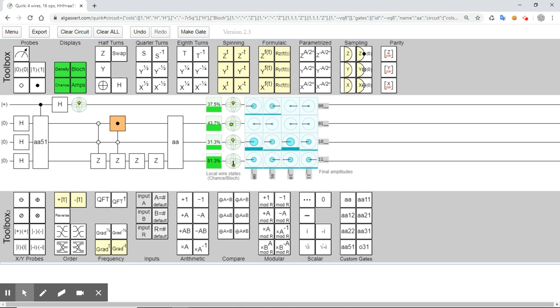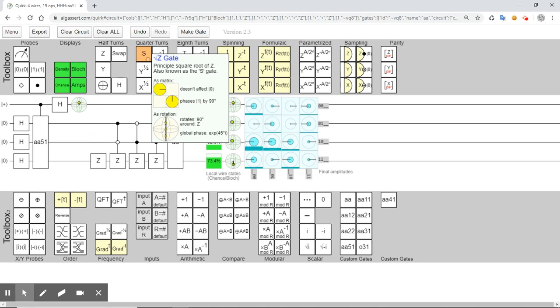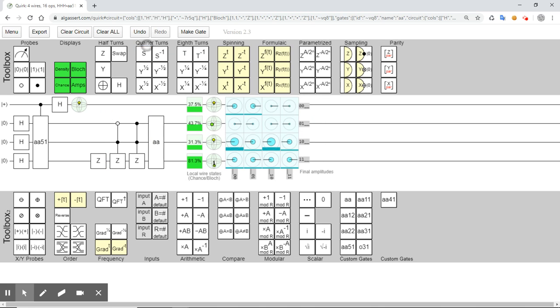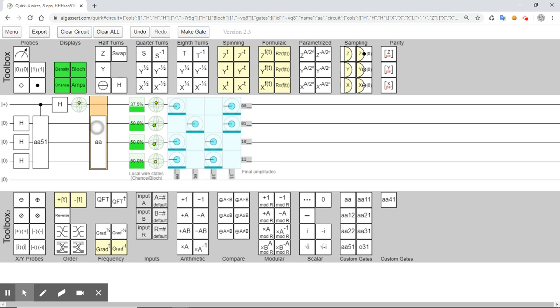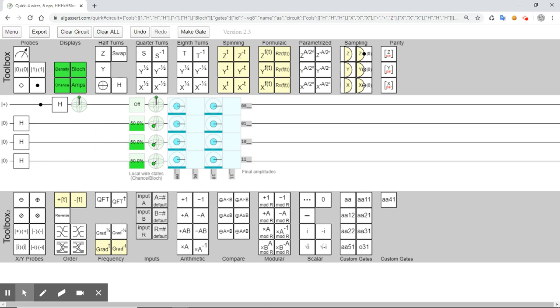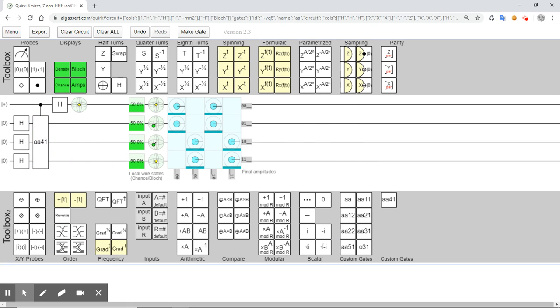I'll just be structured. So this is 4 solutions. Make gate, and we'll call it AA41, and that should give us 50%, right? Yeah, 50%. But then it goes to 37% when you go to 5 solutions.